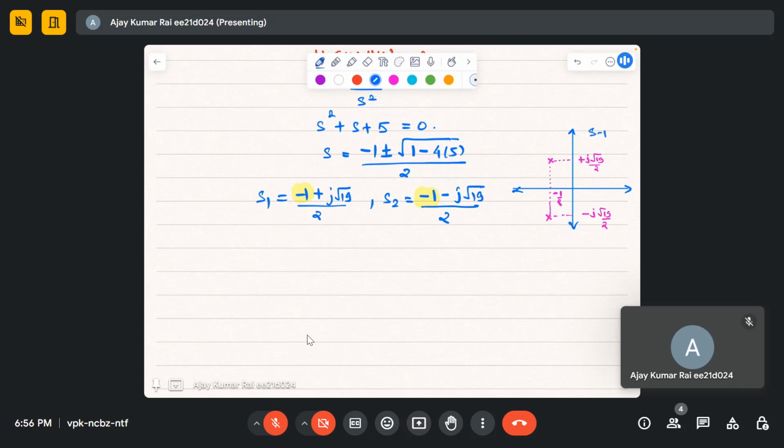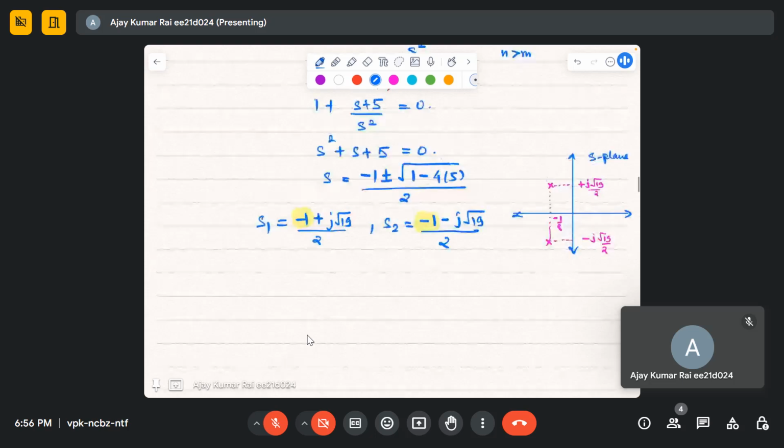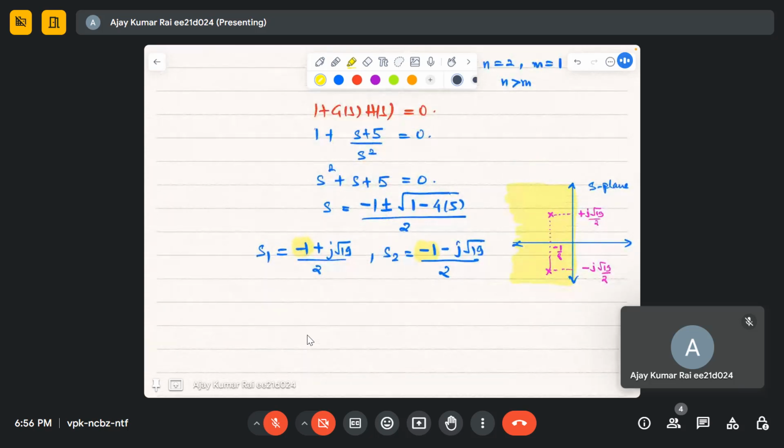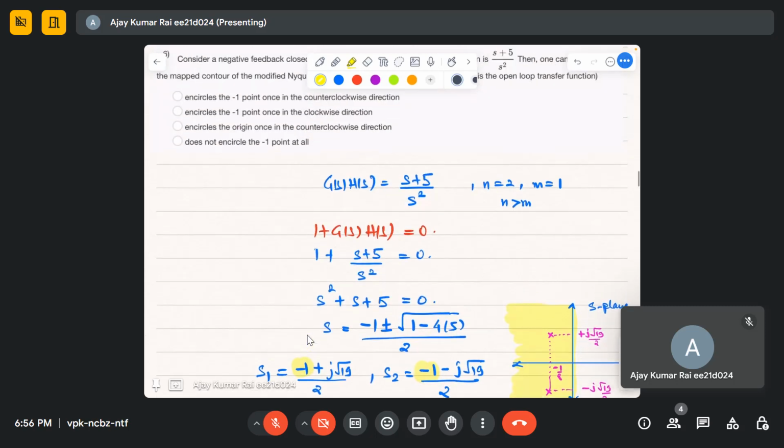So this is the S-plane, and I am plotting the poles in the S-plane. You can see the roots are lying in the left half plane. So what can we say about the system? The system is stable, right? These closed loop poles are lying in the left half plane, so that's why this is stable.